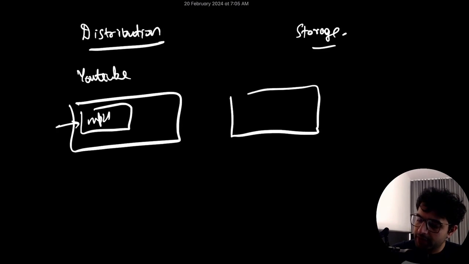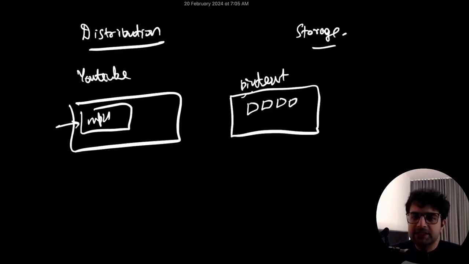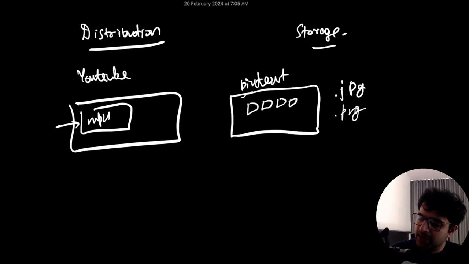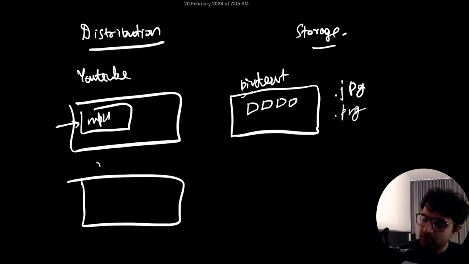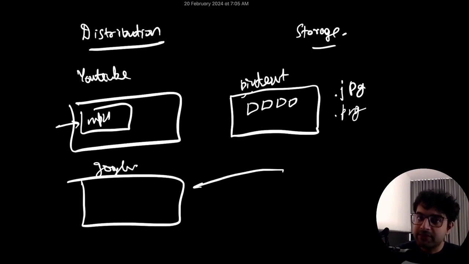If you created a website like Pinterest, you're distributing a lot of image files, JPEG files, PNG files. Not just this, whenever you open any website, even google.com, what comes back is files: a JavaScript file, an HTML file, and so on.